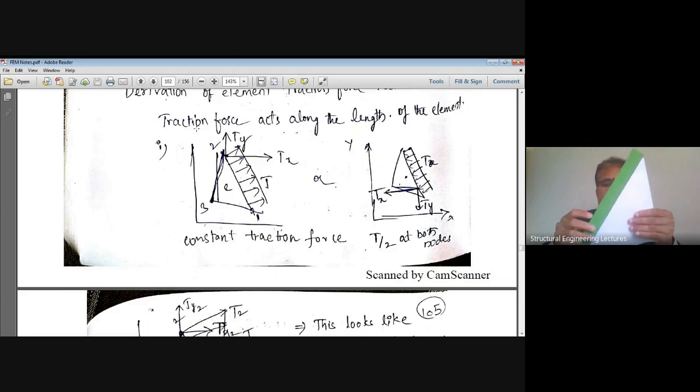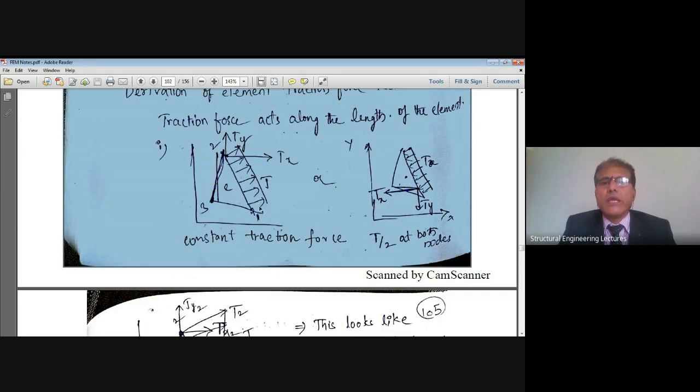Therefore, if this force is acting on the side 1, 2, then it will not contribute any load to node 3. Therefore, the entire load is distributed among these two nodes only, right?